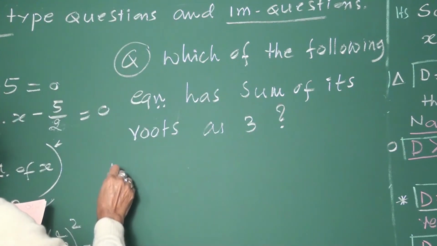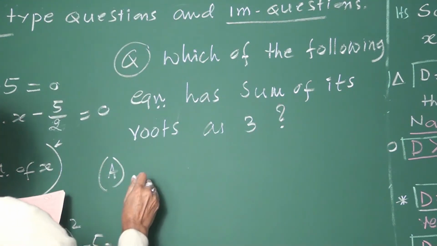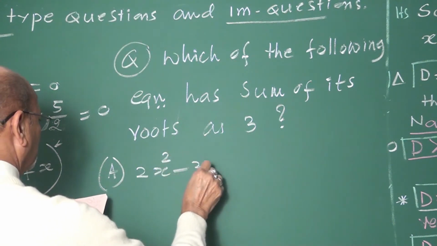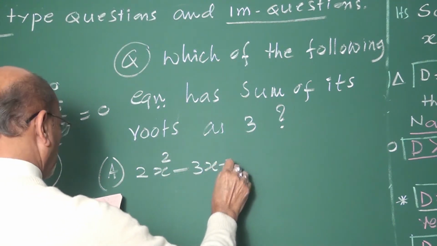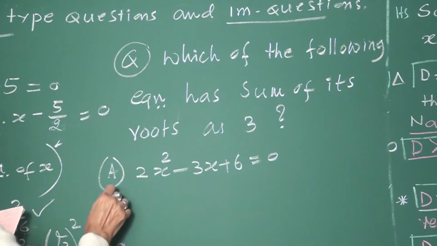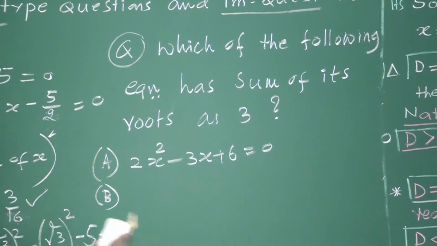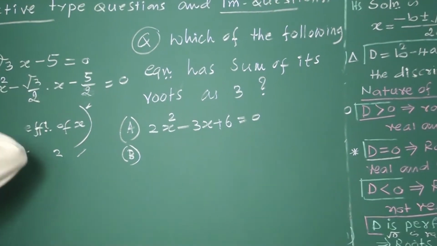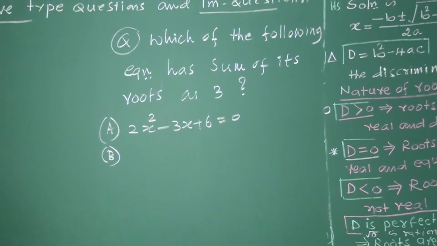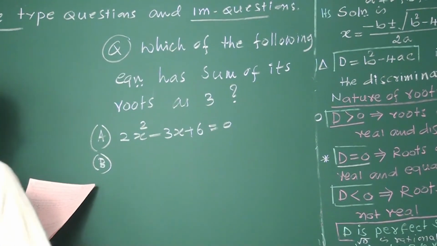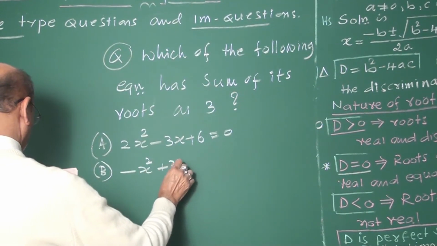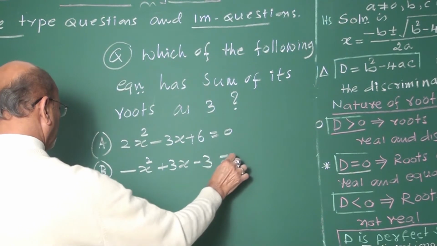A, first one, is 2x square minus 3x plus 6 equal to 0. Second, B, is minus x square plus 3x minus 3 equal to 0.